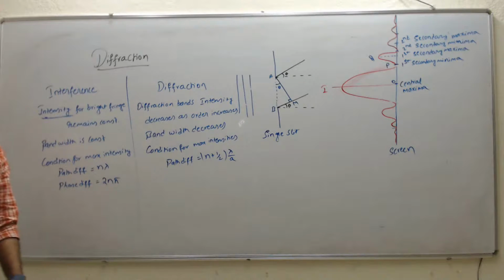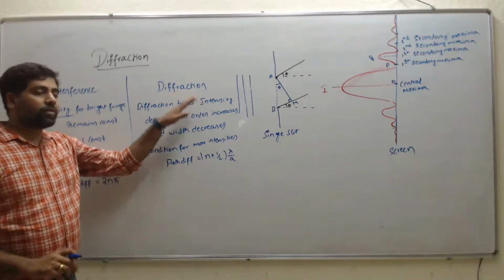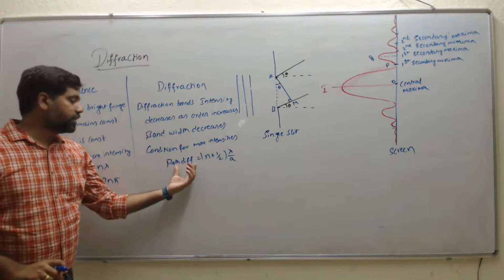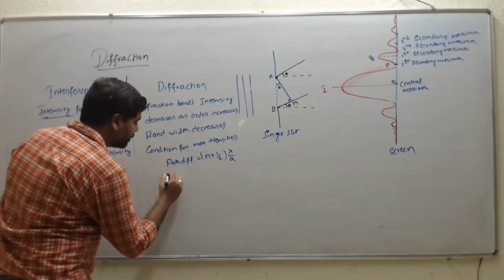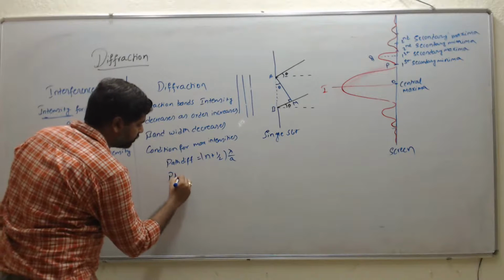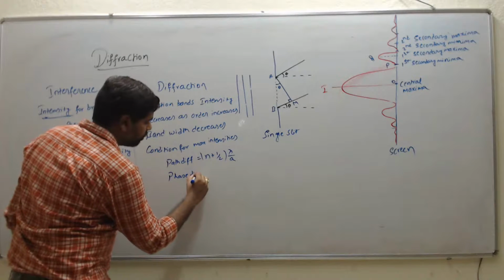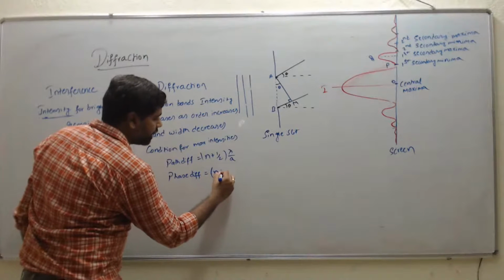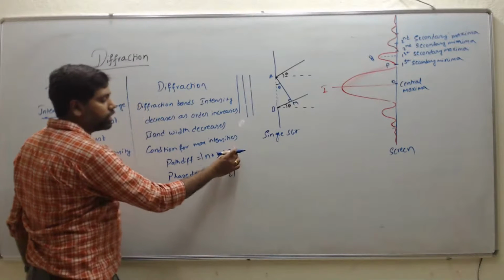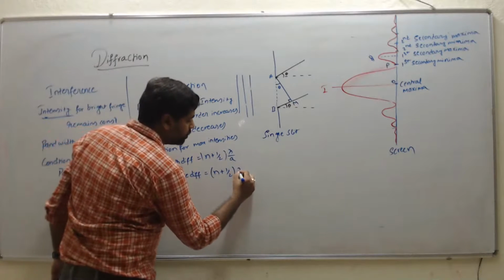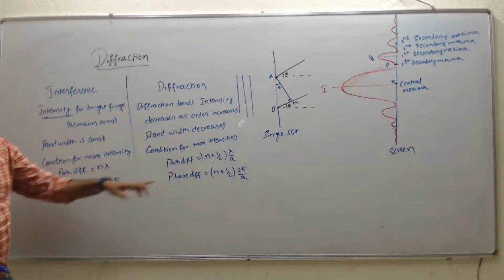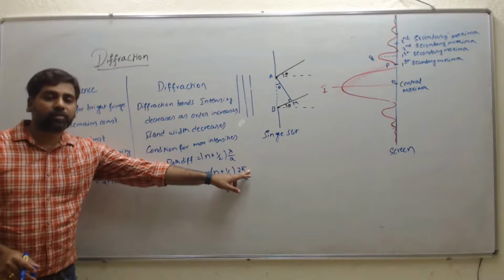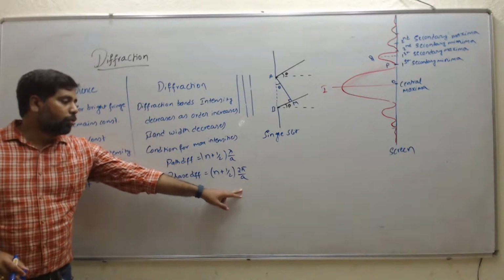Similarly, if we write it for phase difference, we can write n plus 1 by 2, and in place of lambda we write 2 pi by a. We are just replacing the lambda value with its phase value, that is 2 pi.